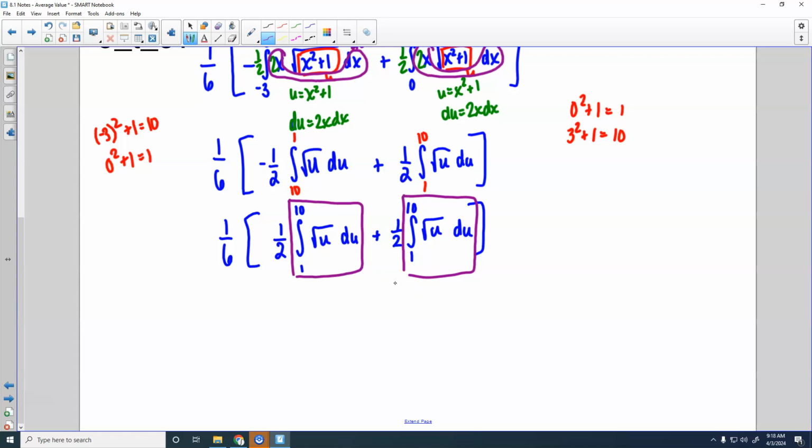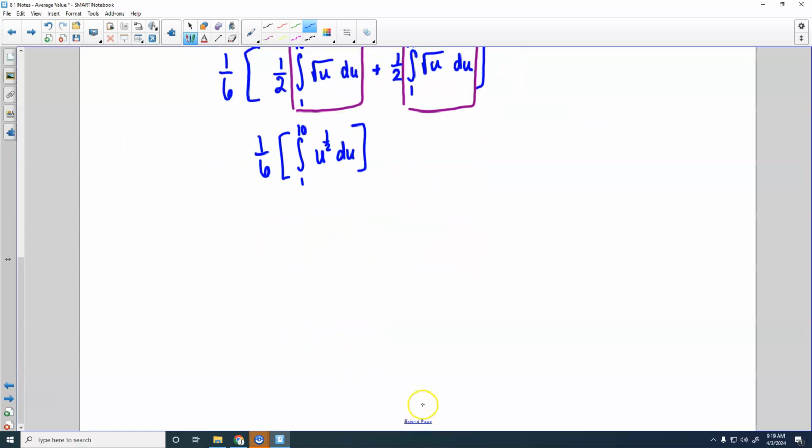The whole thing, right? So I can just make this 1/6 times the integral from 1 to 10 of u to the 1/2 du. If I've got half of the integral plus half of that same integral, it's just 1 of the whole integral. Does that make sense? That doesn't always happen, but it did on this one.